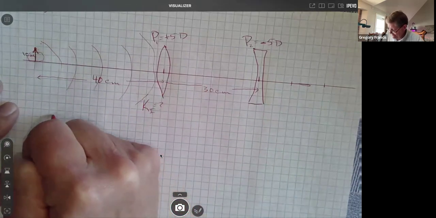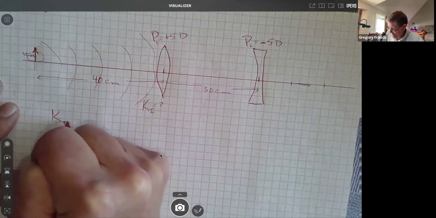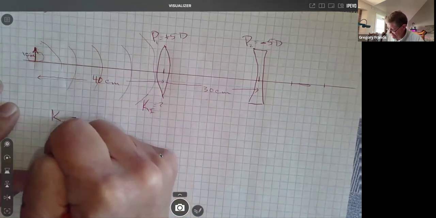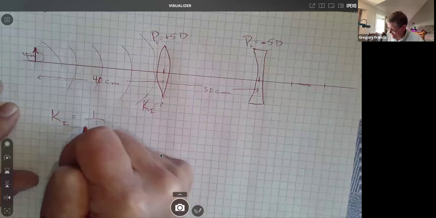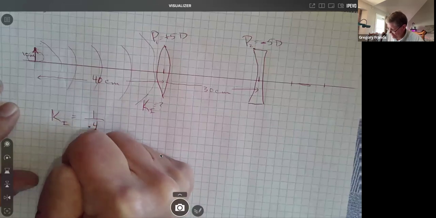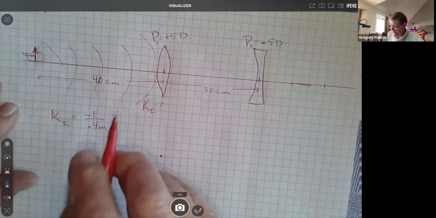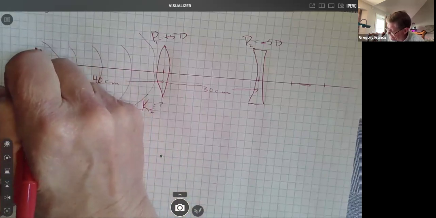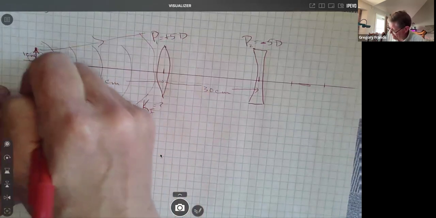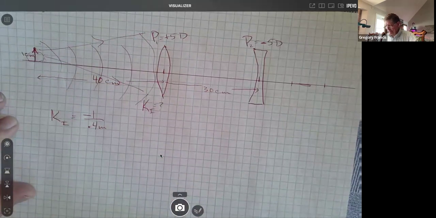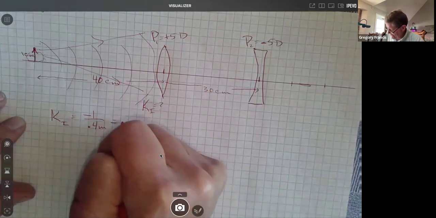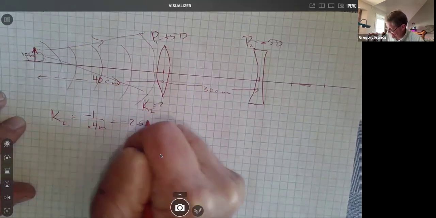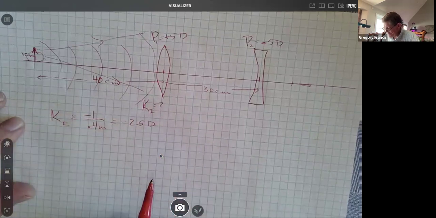Well, the curvature, when it gets to that first lens, it's just going to be 1 over 40 centimeters or 0.4 meters. And it's negative because the light is spreading out and diverging. Okay. And that's going to be a negative 2.5 diopters.